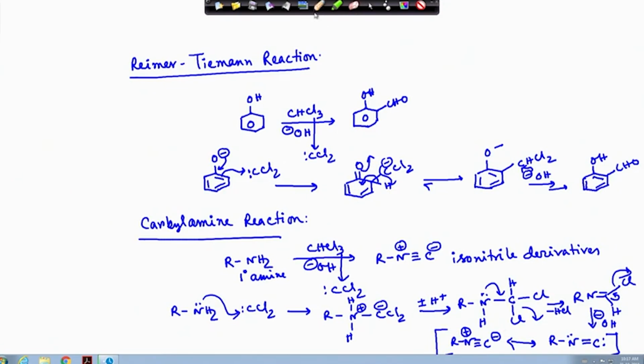Okay. So, there are two different types of reactions which are important for carbenes. One is called the Reimer-Tiemann reaction and another one is called the carbylamine reaction.